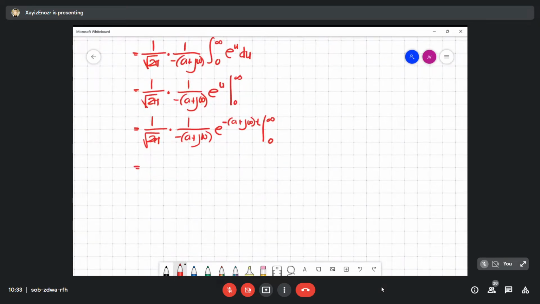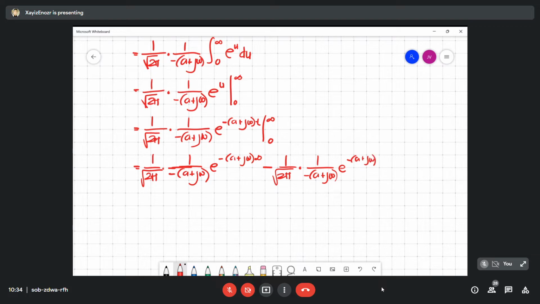So we have 1 over square root of 2 pi multiplied by 1 over negative (a plus j omega), times e to the negative (a plus j omega) multiplied by infinity, minus the same expression with e to the negative (a plus j omega) multiplied by 0. So evaluate that.